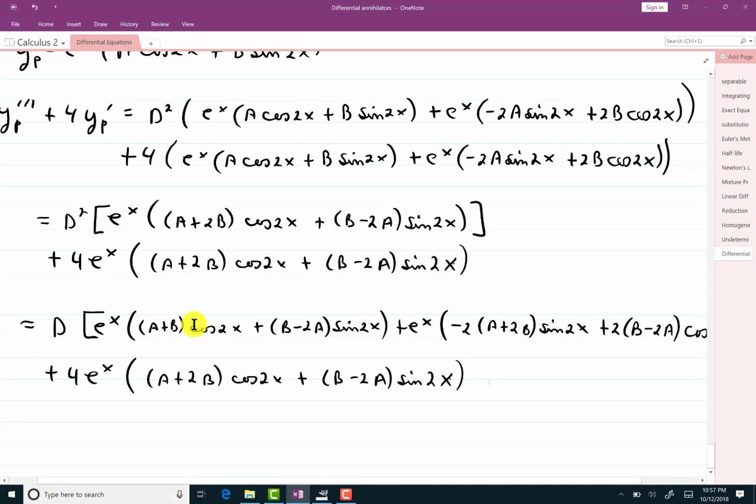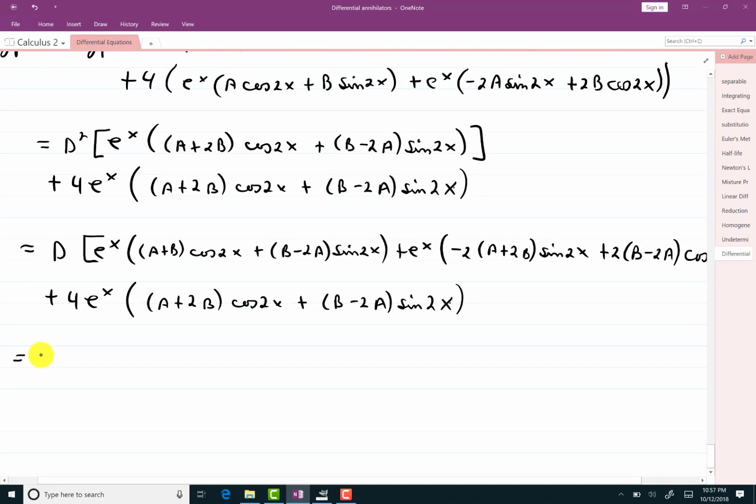Next, let me go ahead and simplify as much as I can in there before I take the next derivative. So let's see what all is attached to cosine of 2x. Here I have an a plus b, but then I have 2b minus 4a. So a minus 4a will be negative 3a. And for the b portion of cosine, here I have just b, but there I have 2b, so plus 3b cosine of 2x.